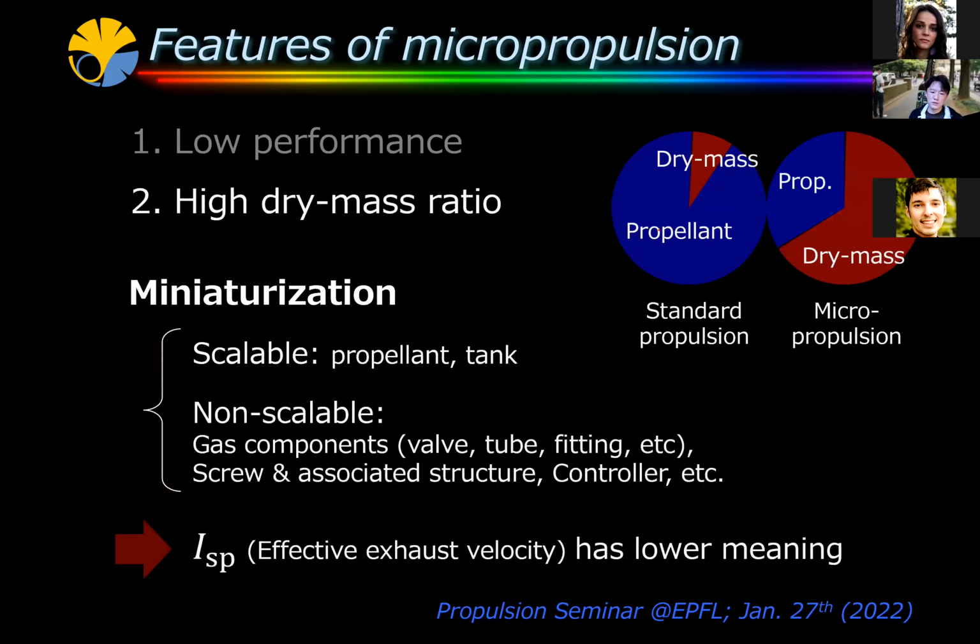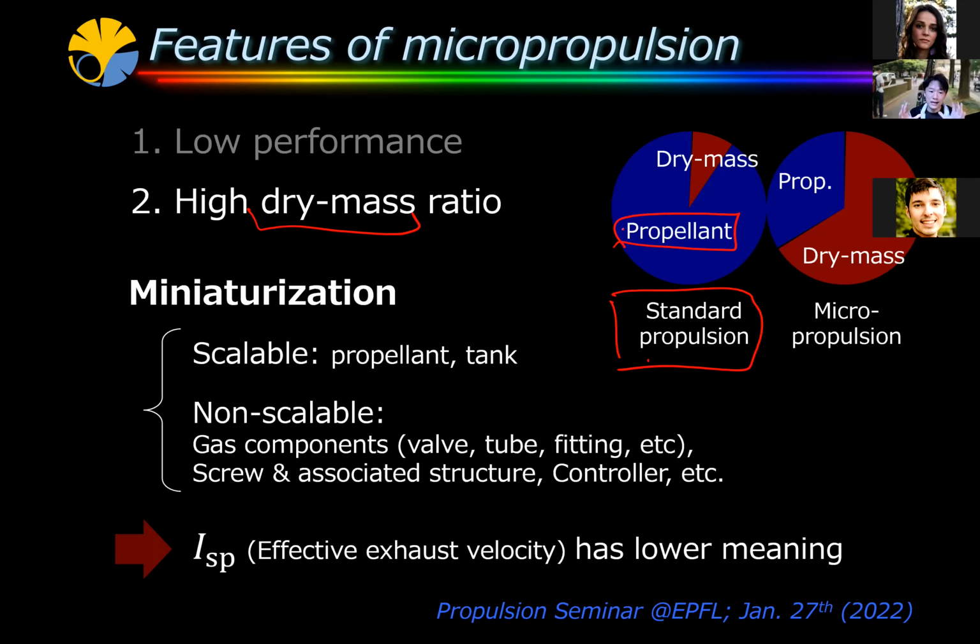And the second point, maybe this is more important: high dry mass ratio. Here, dry mass means the mass other than propellant for the propulsion system. When you see a standard propulsion system like this, usually most of the mass of the propulsion system is propellant.